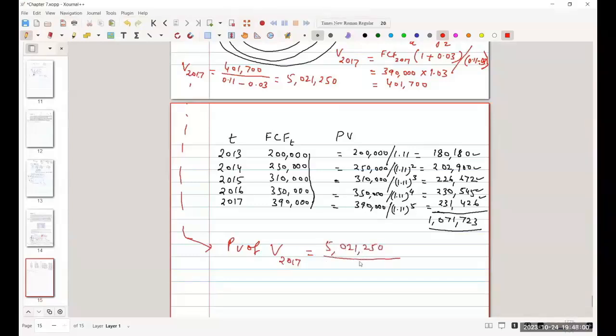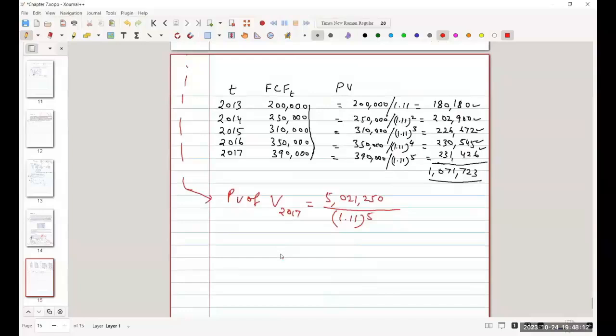We are taking it back 5 periods at the required return, 1.11 to the power of 5 time periods. So if you solve this, you will get around this value, 2,979,609.75, right? So this is what you get from the second half of the timeline.